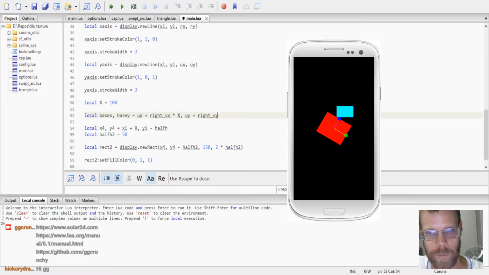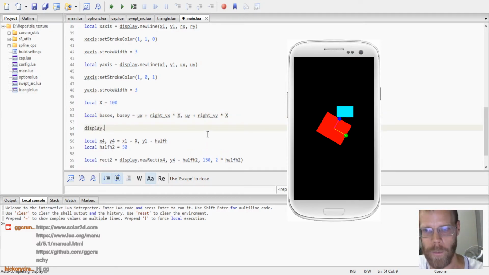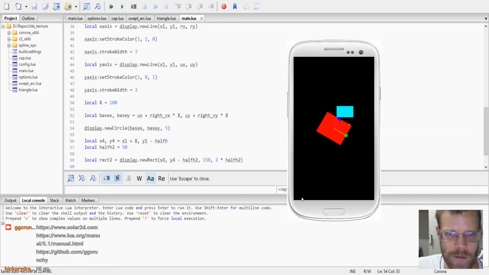So also along the vector again times x, because we're moving to the right that many units, and let's show a little circle with it. There it is.